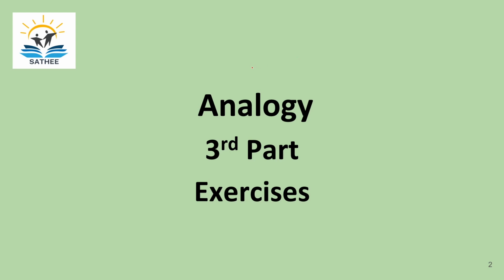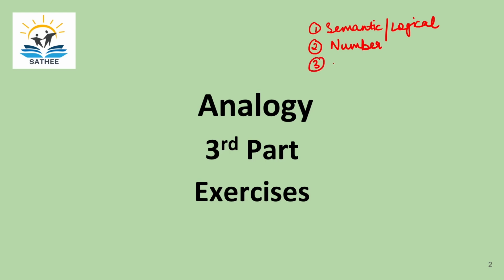In the previous lectures, we discussed the types of questions from analogy that come in various competitive exams, along with some examples. So in total, we discussed that there are six types of questions that can be formed from analogy. First was semantic or logical analogy. Then it was number analogy.